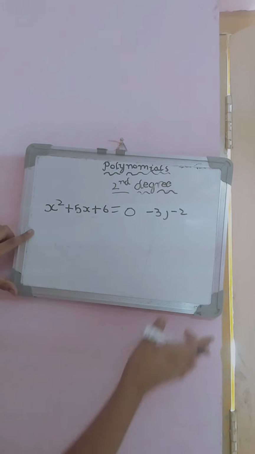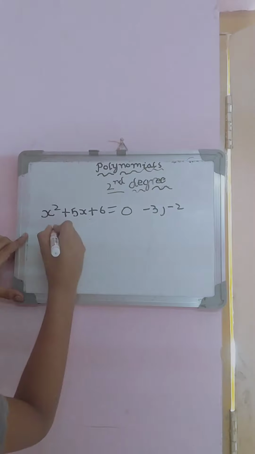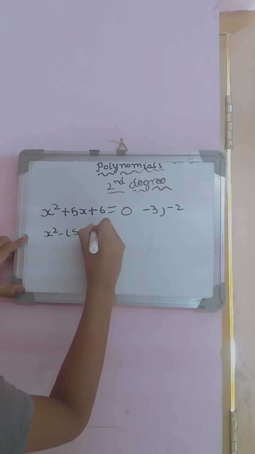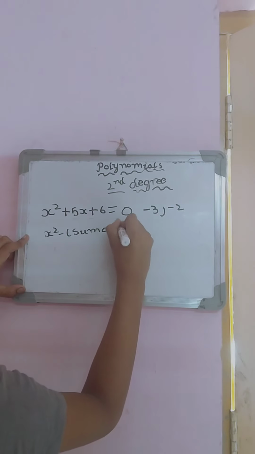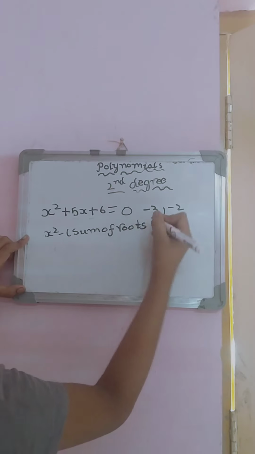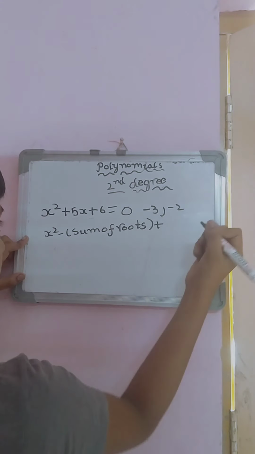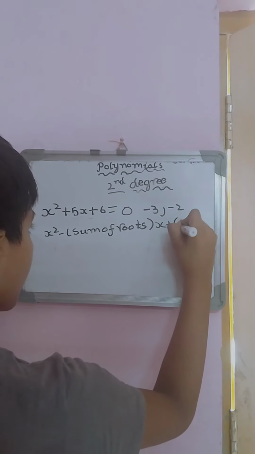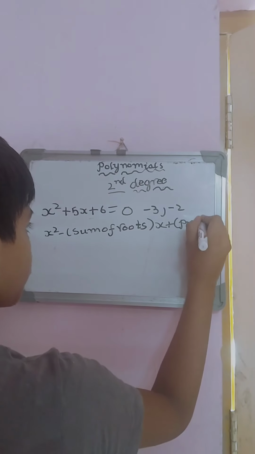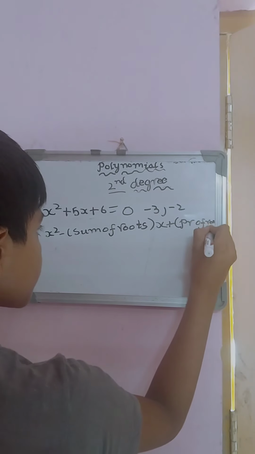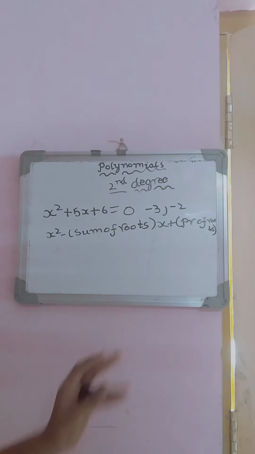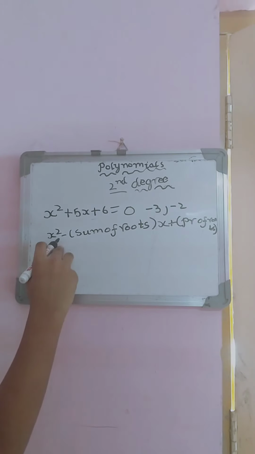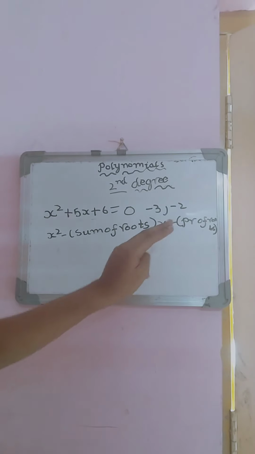Now the formula is x square minus sum of roots into x plus product of roots. So this is the formula: x square minus sum of roots into x plus product of roots.